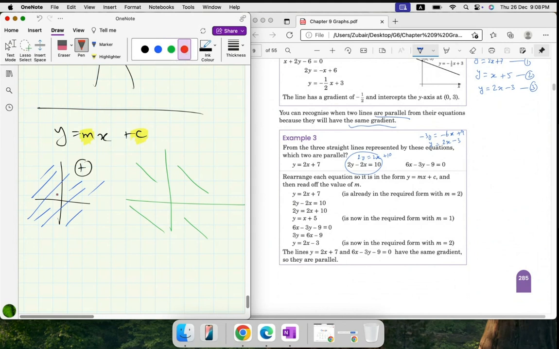And positive y-intercept is above the zero mark in this region, negative y-intercept is in this region. Negative c, positive gradient, negative gradient.